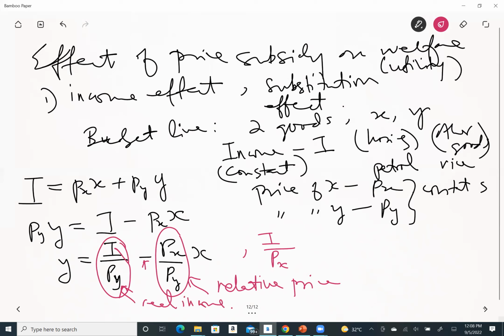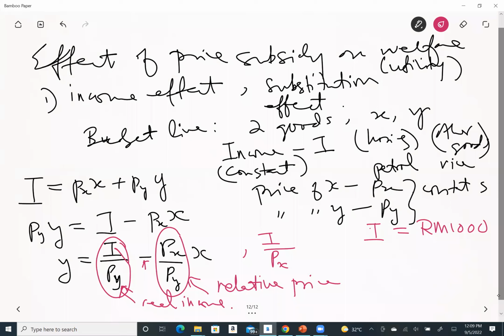And this is called real income. Now, what is real income? If you look at income, I, it is in terms of RM, say, for example, 1,000 ringgit. That's our fixed income. When you divide by the prices, either PX or PY, that is real income. What is the difference between money income, I, and I over P, the real income? It is adjusted by price.